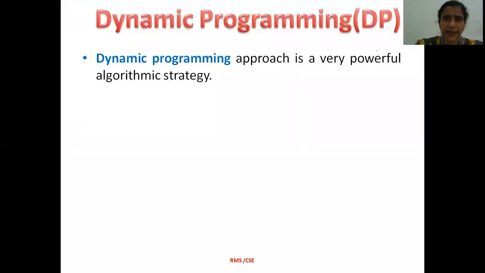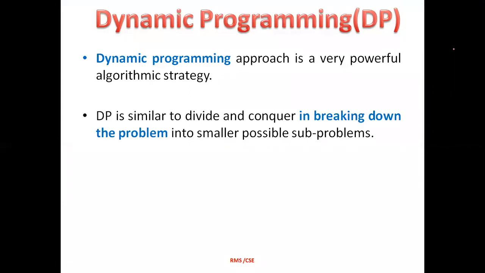As we have already discussed the dynamic programming concept, we'll just recall. Dynamic programming is a very powerful algorithmic strategy, and it is similar to divide and conquer in breaking the problem into smaller subproblems.